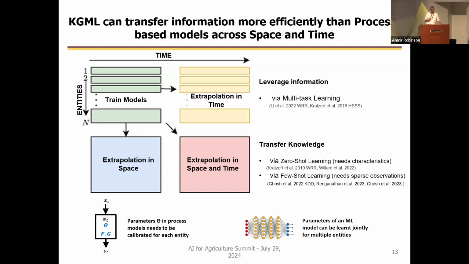And the question here is, can you leverage that information to go completely out of scenario, where you're doing extrapolation in both space and time? That is something that's not possible using a physical model, but using a machine learning framework, especially the KGML framework, you can do that. And this is one of the things that we are trying to do in the AI climate for the farms.